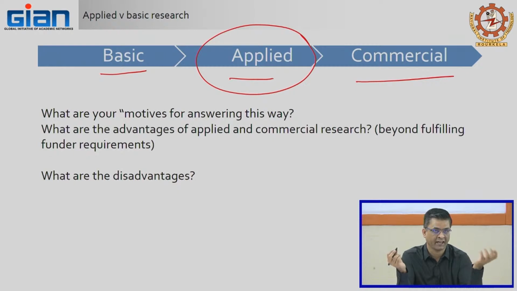Understanding, that is the fundamental aspect. And when you apply that knowledge, that becomes applied research. And if that applied research is done to develop big processes, advancing the technology readiness level, that becomes commercial research. Investigating the shelf life of a biscuit company's product is exactly a commercial shape of research.